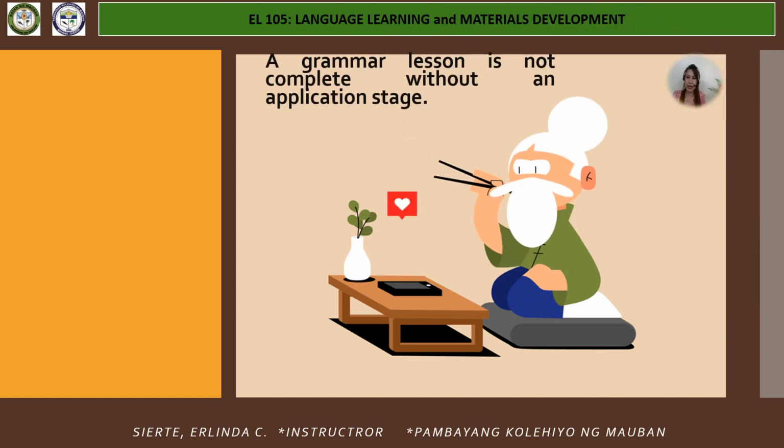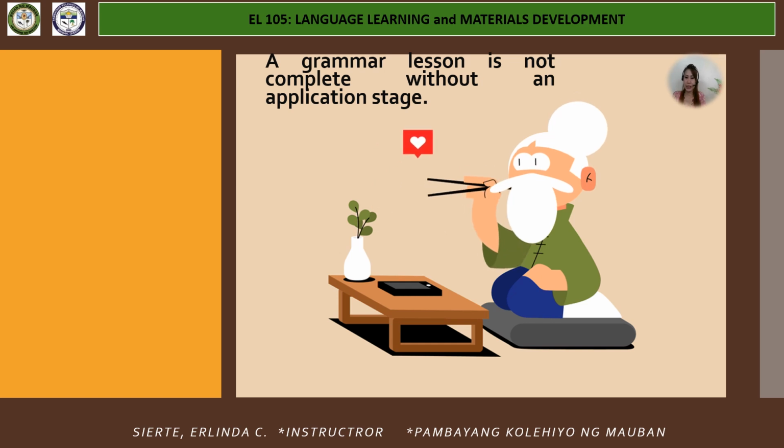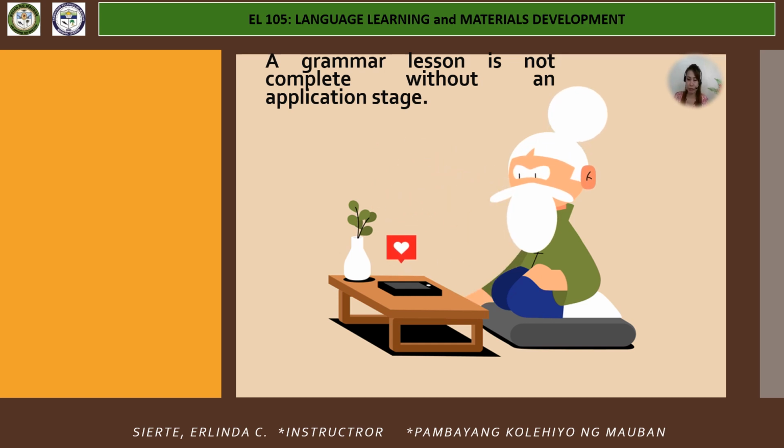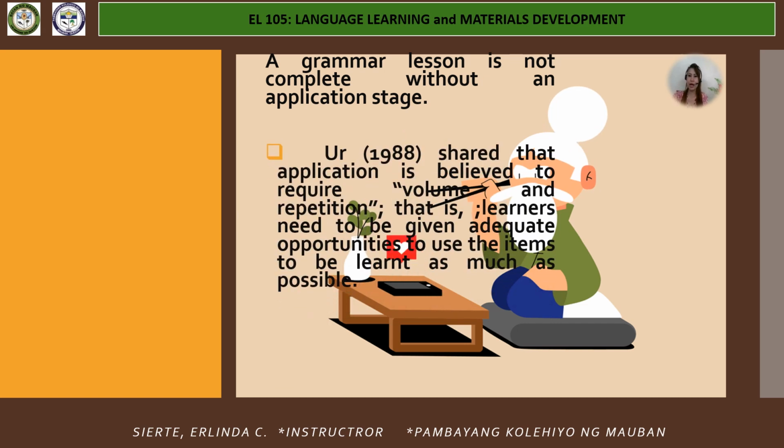Next, a grammar lesson is not complete without an application stage. As you observe in every discussion, you have to undergo several tests or activities in order for you to learn the target language or to apply what you have learned. According to Earl 1988, application is believed to require volume and repetition. That is, learners need to be given adequate opportunities to use the items to be learned as much as possible.